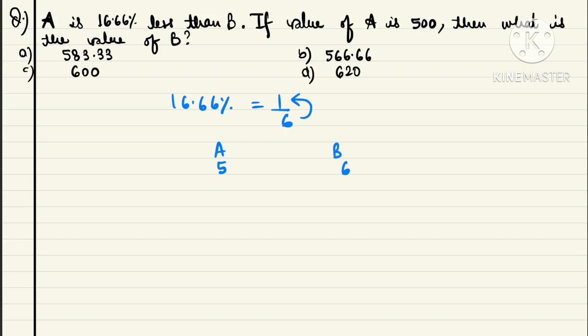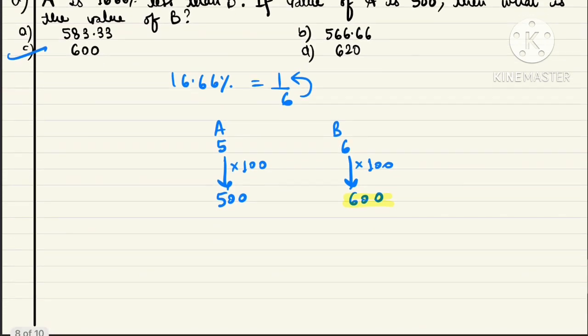It is given that the value of A is 500, but the ratio is 5:6. If you multiply 5 by 100, we get 500. In the ratio, if you multiply A by 100, then we have to multiply B by 100 also. So we will get 600. So 600 will be your answer, C.